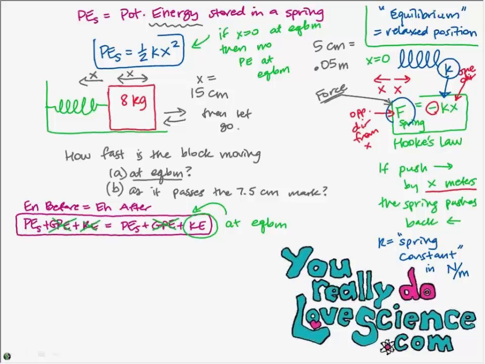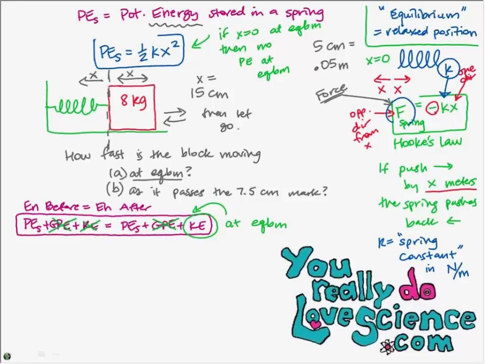Yeah, but it's still like, okay. But right at that equilibrium mark, x is 0. Right at equilibrium, x is 0. And right as it passes through equilibrium, which is the place where it started, there is no stretching or compressing of the spring. It's passing through the point where it used to be relaxed. And x is 0 right there.